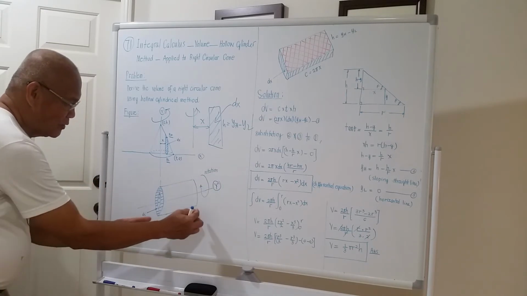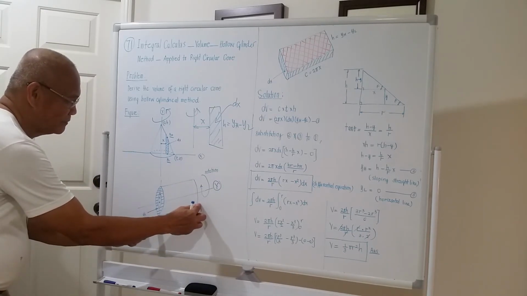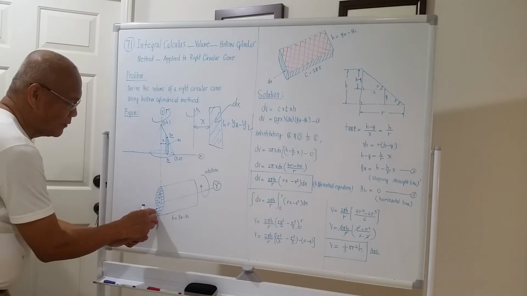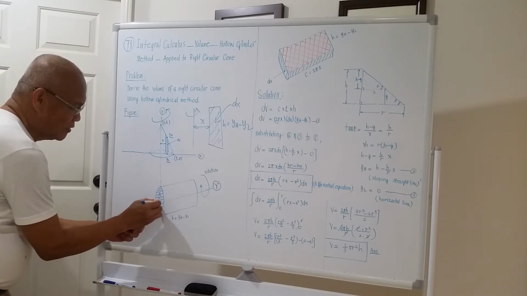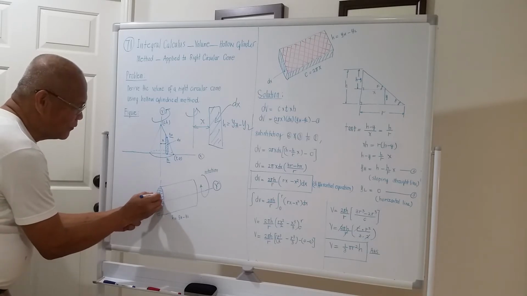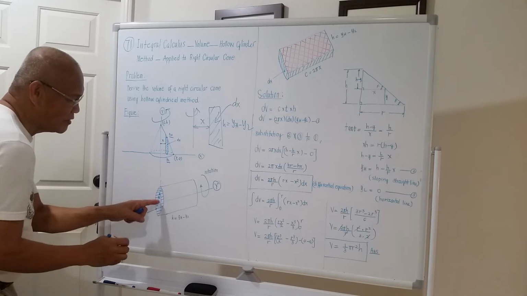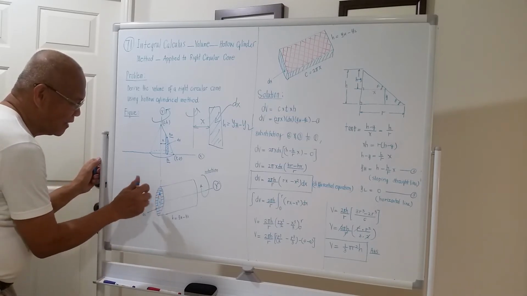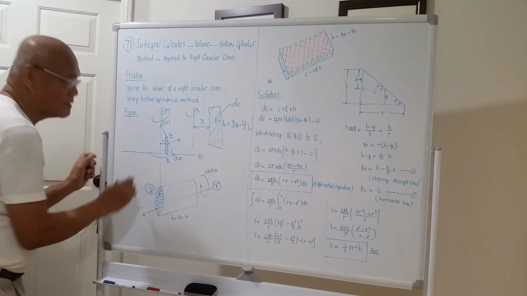In the isometric view, this should be the height. The thickness will be dx. This is the center of rotation, and its distance from the differential area is designated by x.